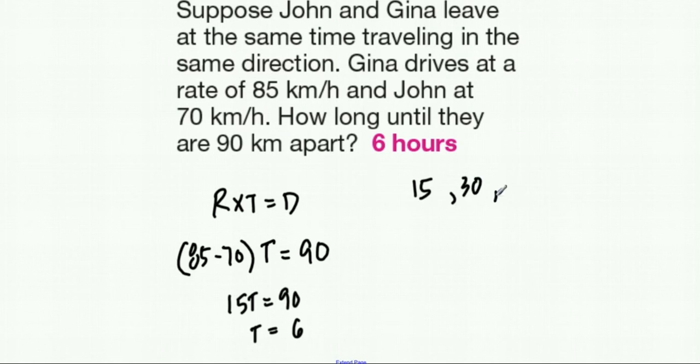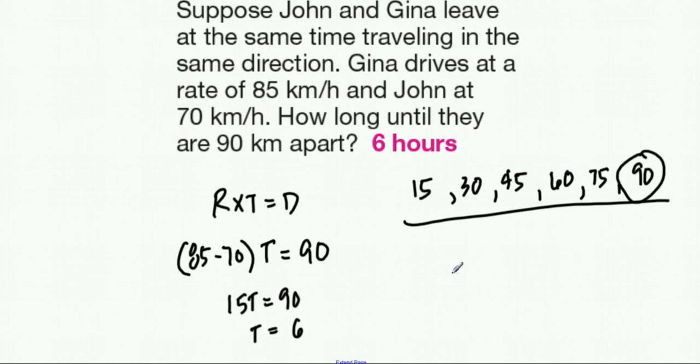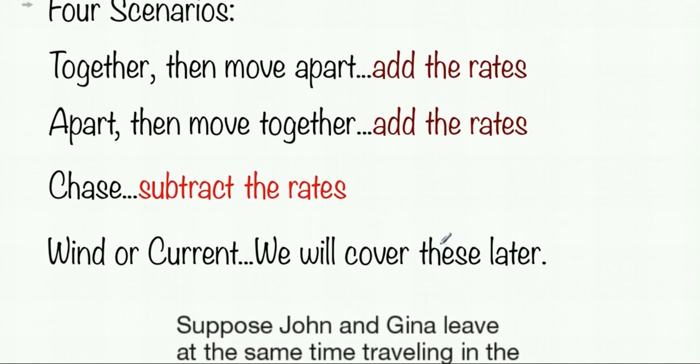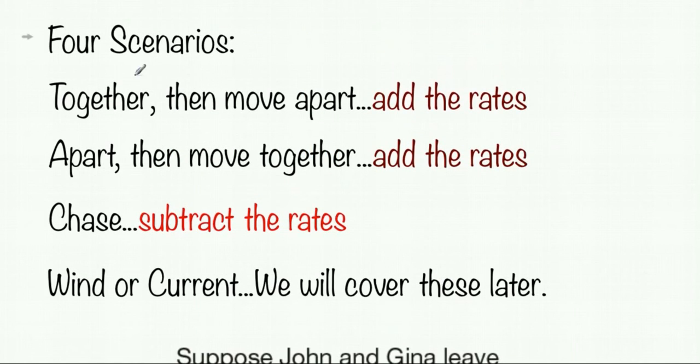For the third hour, 45 kilometers ahead. For the fourth hour, 60. For the fifth hour, 75. And for the sixth hour, she'll be 90 kilometers ahead. This is the way to check it as well, and that's how you use these formulas to solve a uniform motion problem.